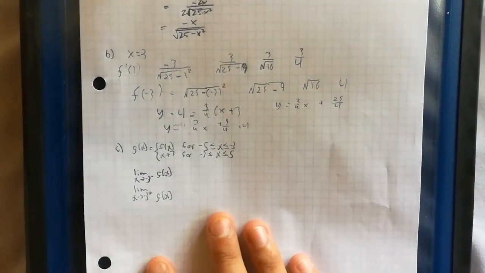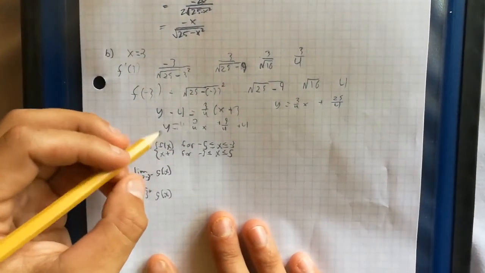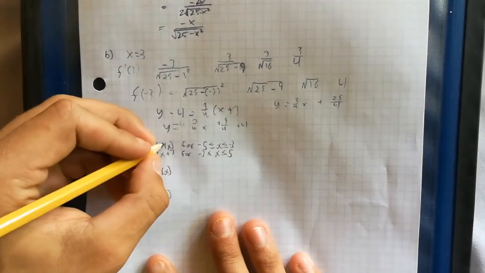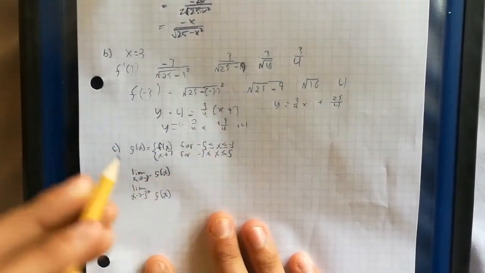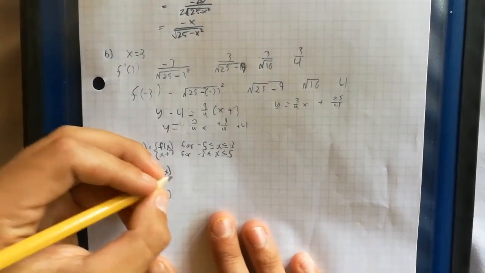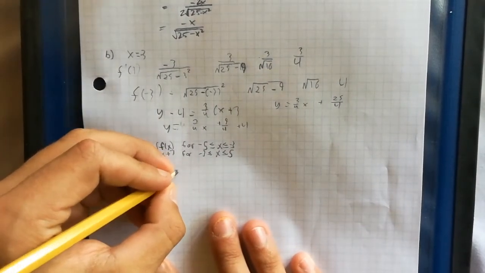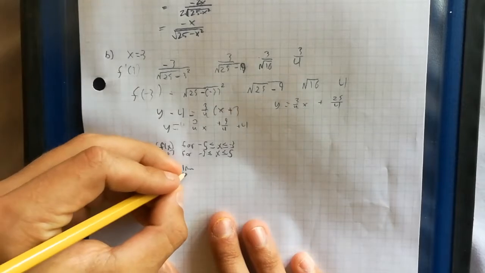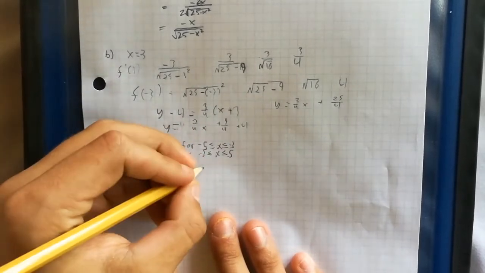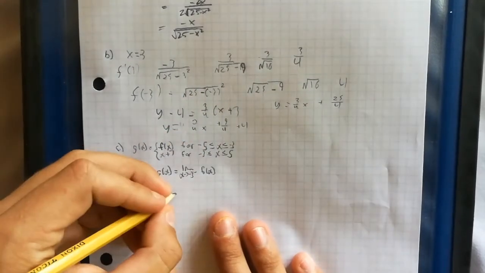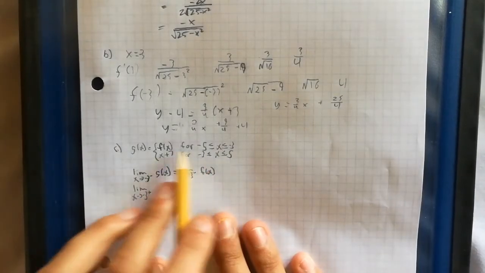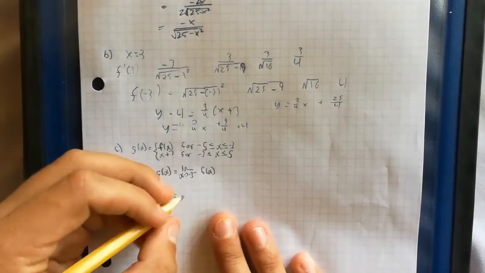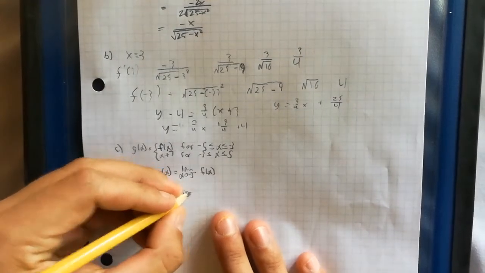Since f of x is to the left of -3, we use f of x for this limit. And for this one, since x plus 7 is to the right, we use x plus 7 for this limit.